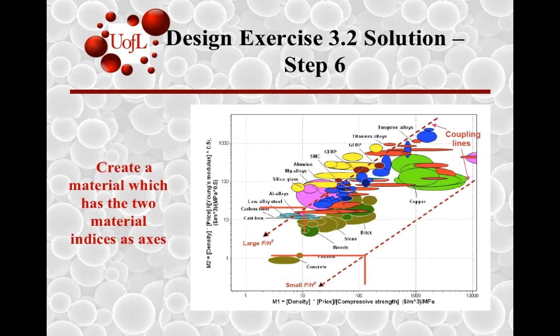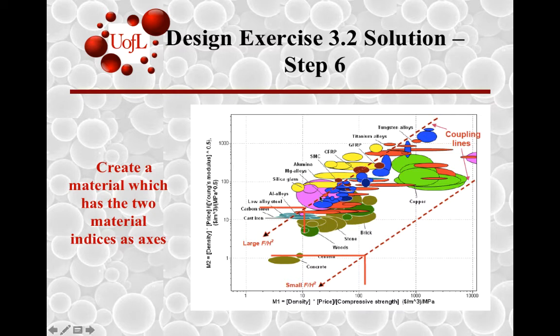Let's put this into practice. In this particular case, M1 being rho Cm divided by the compressive strength, sigma C, is on the x-axis, and the second material index, based on the buckling constraint, is given on the y-axis. It's a log-log plot.